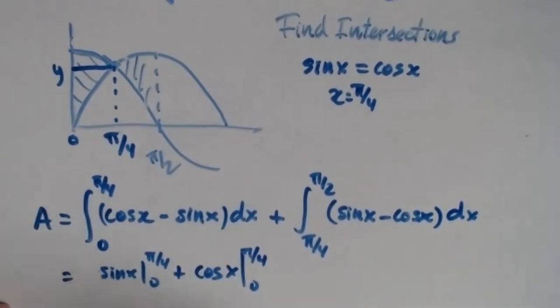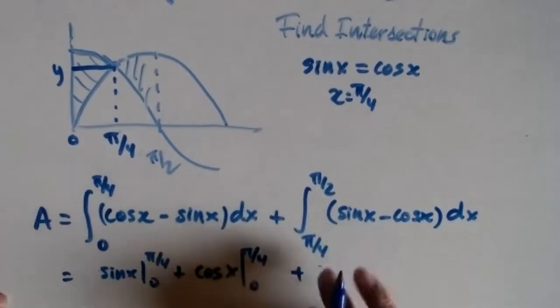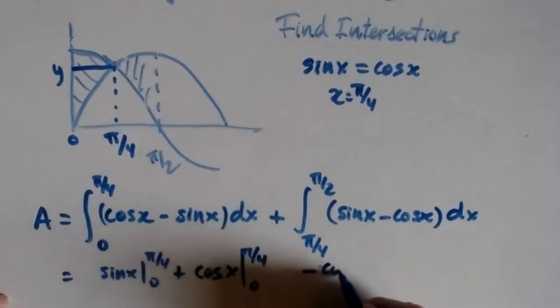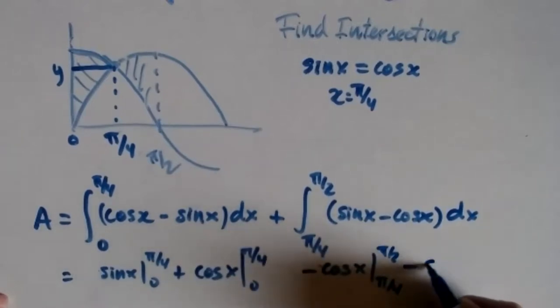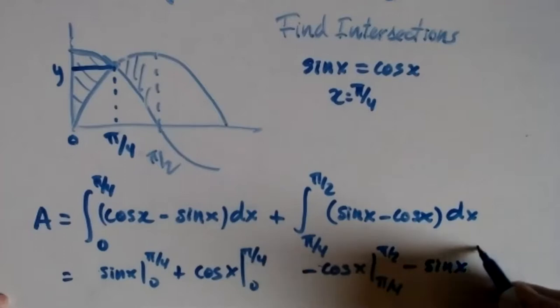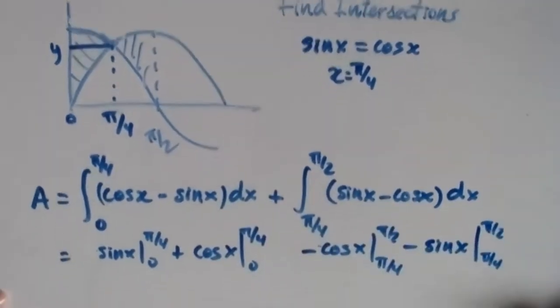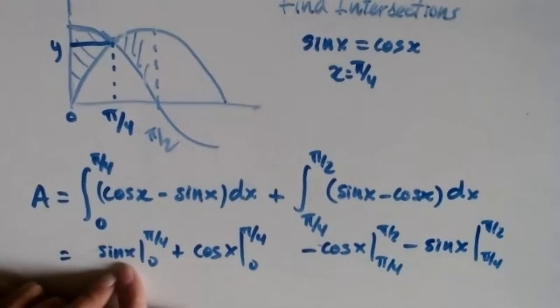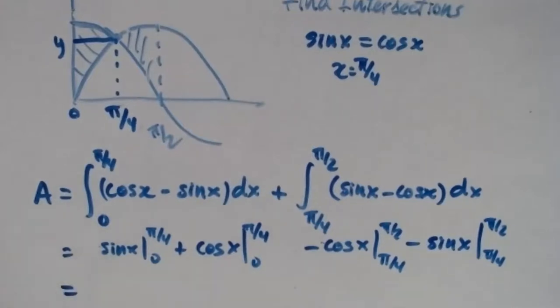Plus the antiderivative of sine, which is negative cosine x, from pi over 4 to pi over 2, minus sine x from pi over 4 to pi over 2. Obviously, I have to put in pi over 4. This is the square root of 2 over 2, minus sine of 0, and so on. And then I'm going to get an answer.